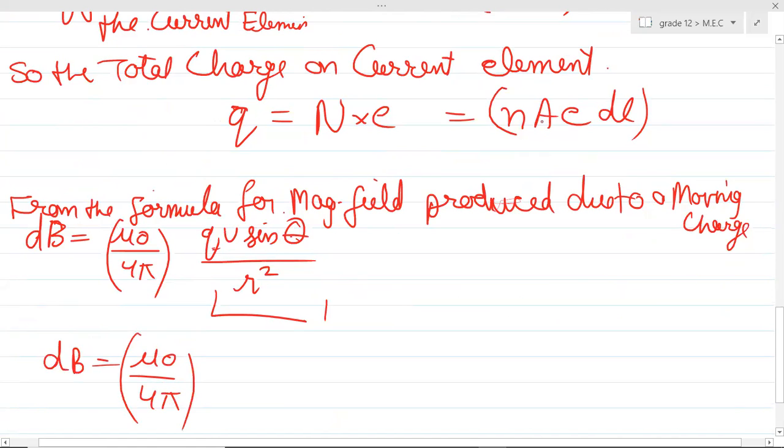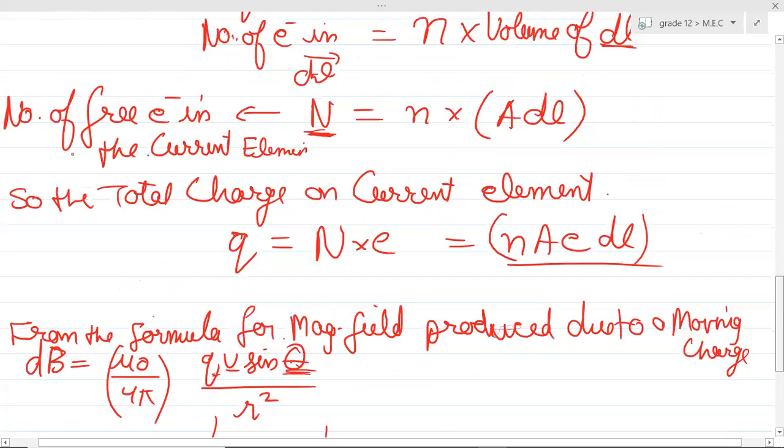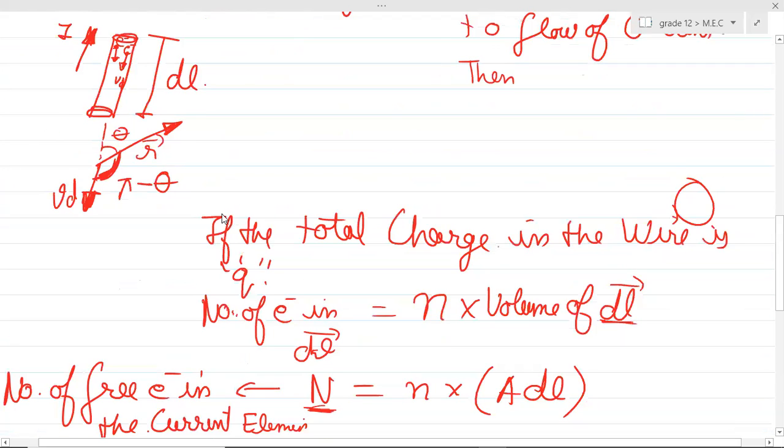What was the charge in this case? nAe dl. Yes. What was the velocity with which they were traveling? The velocity was vd. What was the angle between the velocity vector and the position vector?